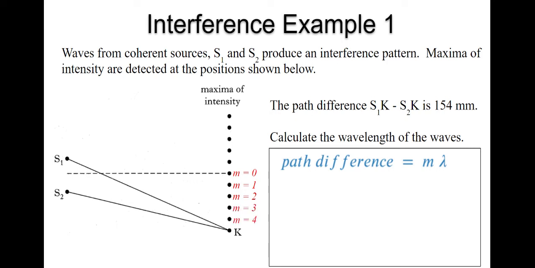But K is positioned where the path difference is 5 whole wavelengths. So m is 5 here. So we know the path difference is 154 millimeters. We know the maximum number is 5. Therefore, the wavelength is 154 divided by 5, which is 30.8 millimeters. And that's how we would tackle that problem.